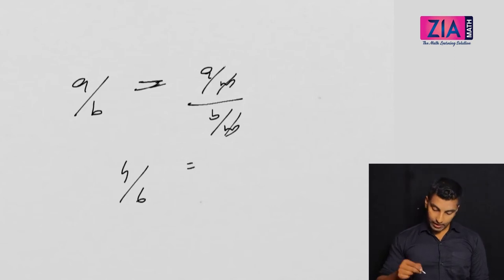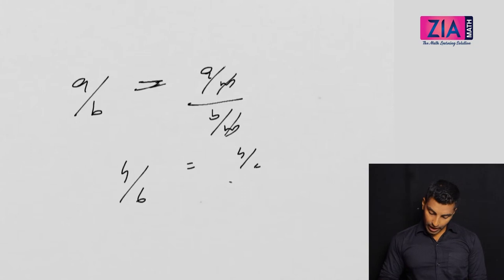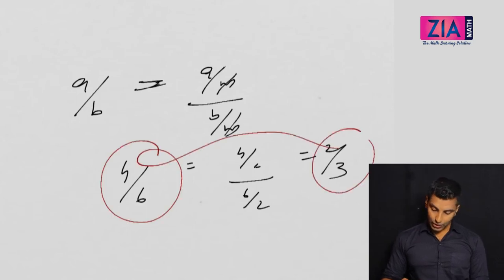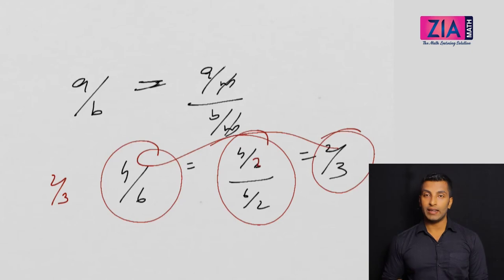Now you divide numerator and denominator with 2, so 4 by 2 and 6 by 2. What you get is 2 by 3. So these two are actually the same ratio. 4 by 6 is nothing but 2 by 3 itself. So when you divide the numerator and the denominator by the same number, the ratio remains unchanged.